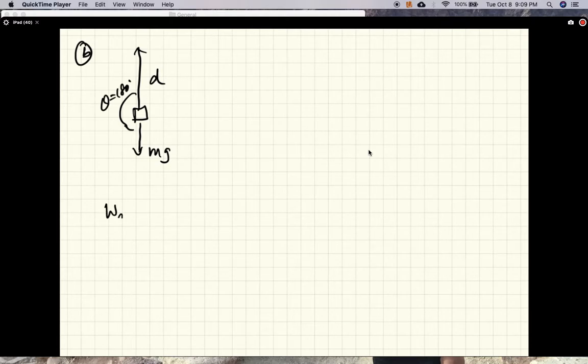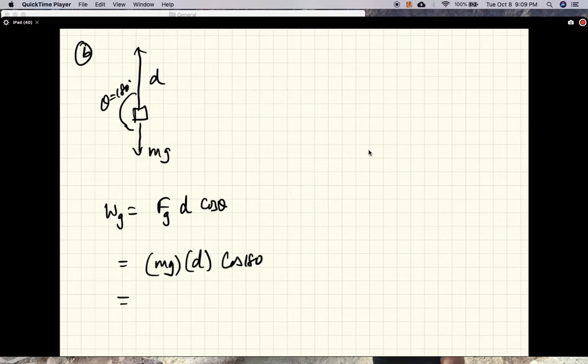So the work done by gravity is the force of gravity times the displacement times the cosine of the angle between them. So this is mg, the magnitude of the force, times displacement times cosine 180 degrees. And cosine 180 is minus 1, so minus mgd.